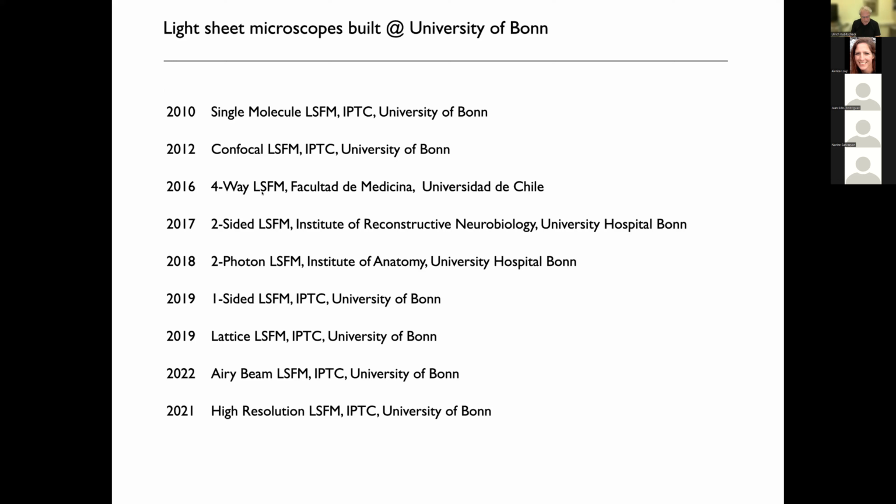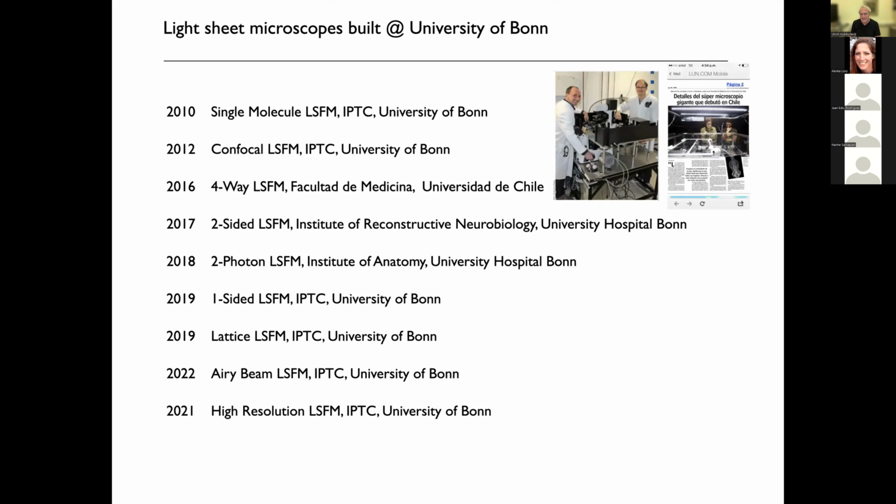Our third instrument was that instrument that then reached Santiago de Chile, and we did that in collaboration with Steffen Hertel, who I already saw in the audience, and Miguel Concha from the Universidad de Chile. And here we see the two students that actually built that instrument here in Bonn, and then it was taken apart and transferred to Chile and set up there again. So that was a great enterprise and great fun.